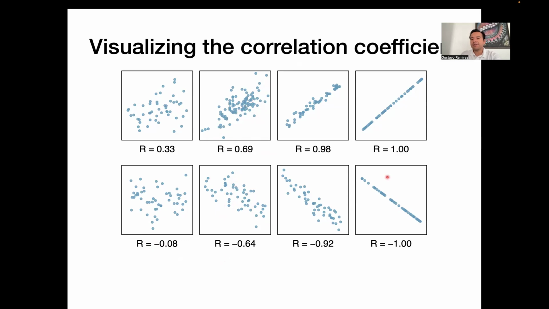So the sign of R tells you the nature of the relationship, whether it's a positive linear relationship or a negative linear relationship, and how close you are to one tells you how close you are to perfect linearity. You should never really have perfect linearity in any process where you're measuring data from the world.